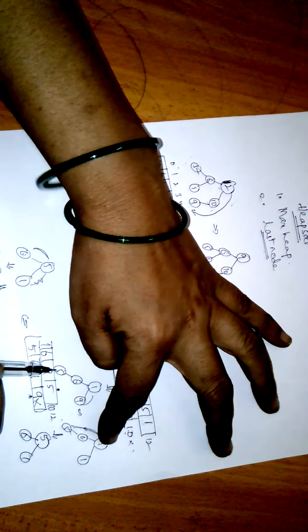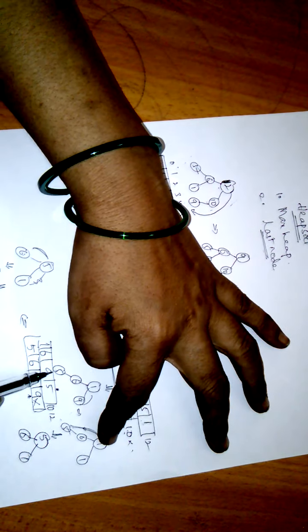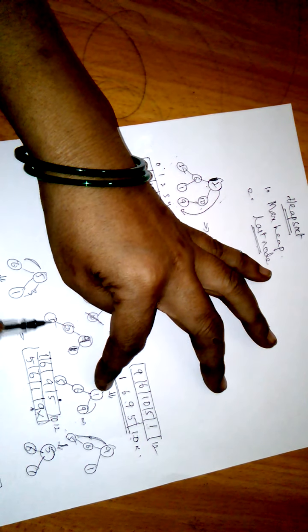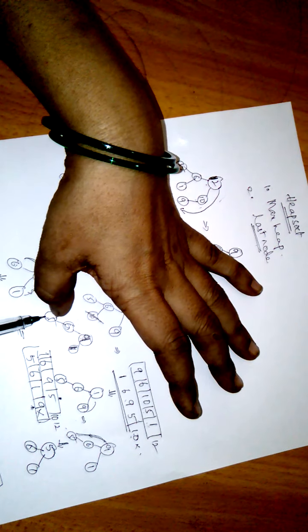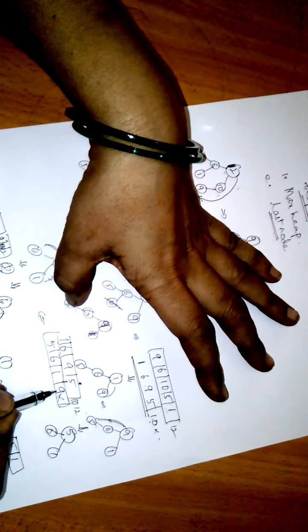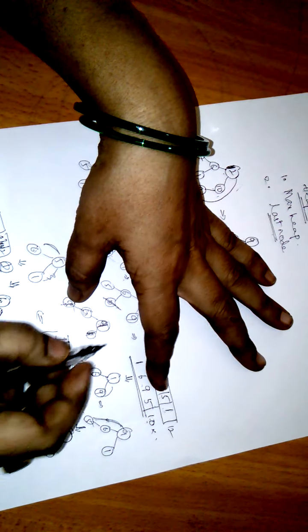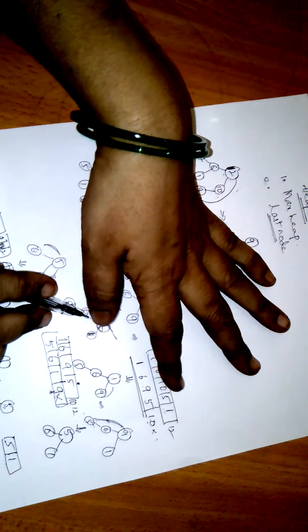Swap with 5. So in this position put 9, and 5 here, and 1 will be here.